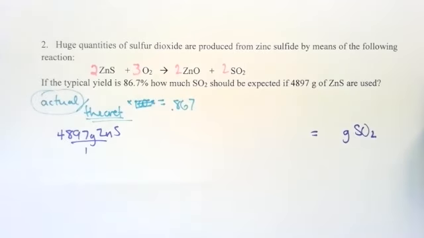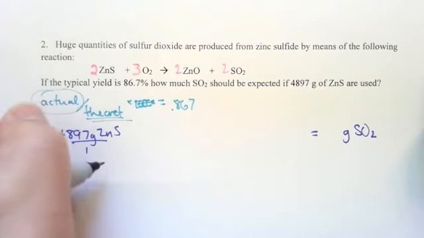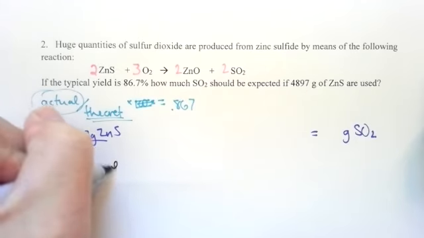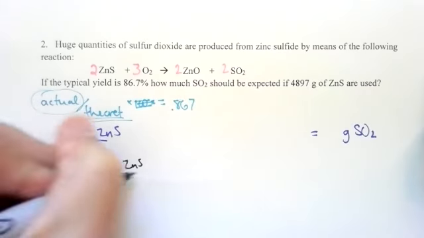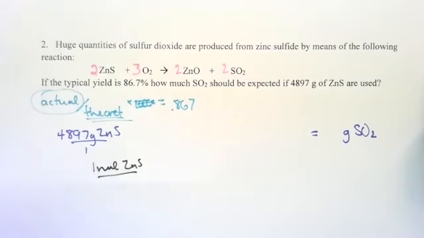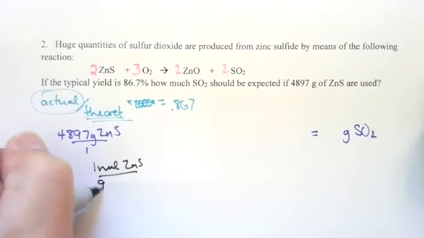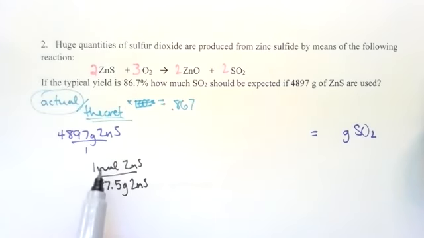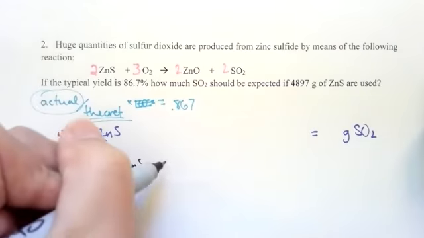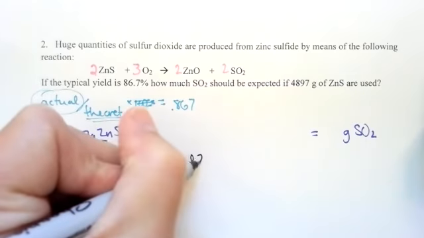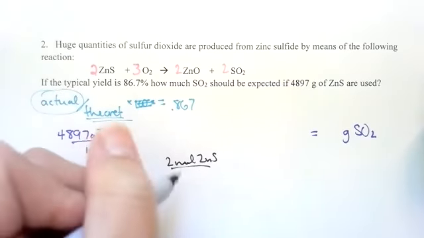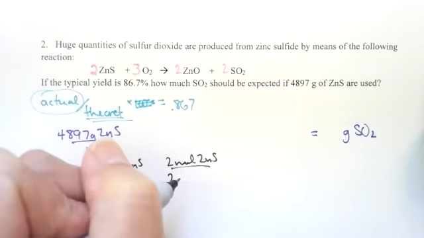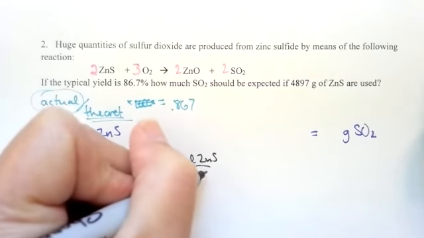Zinc is 65.5 and sulfur is 32. So I know that I have 1 mole of ZnS. It's 65.4 plus 32, which is going to be 97.5 grams of ZnS. Mole ratio here is not going to be a 1-to-1. I have 2 moles of zinc sulfide to, oops, well, yeah, it kind of is, 2 moles of SO2.